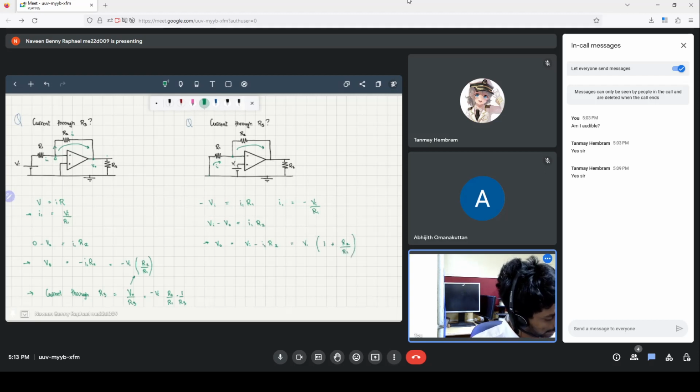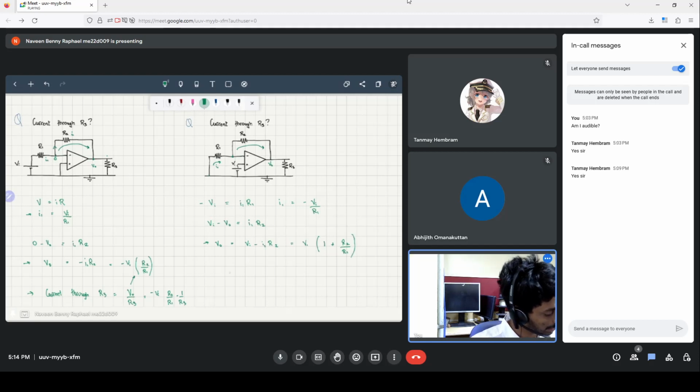So this will be the potential at the end here. As I said before, the operational amplifier is an active element, and therefore it's able to keep this potential at the end. Therefore, this current I1 need not be the current through R3.